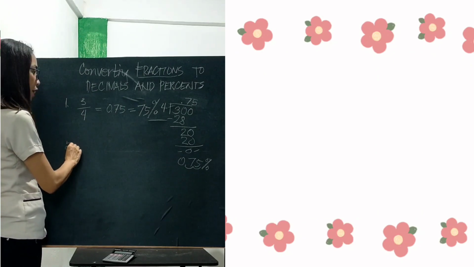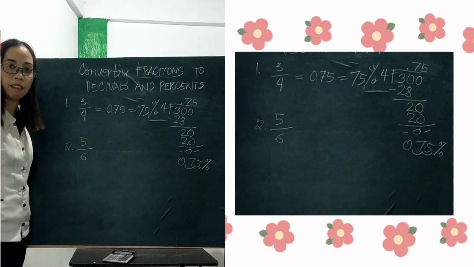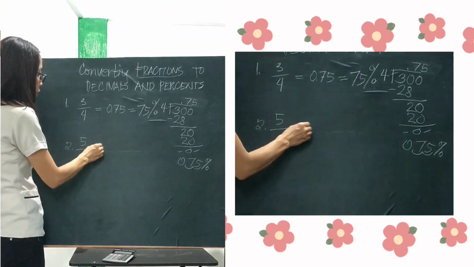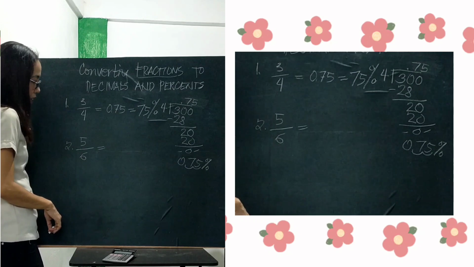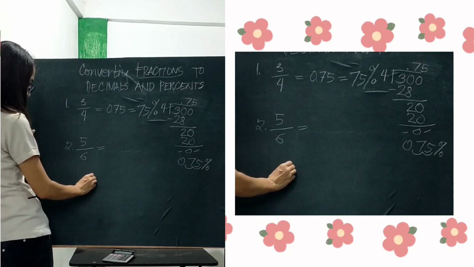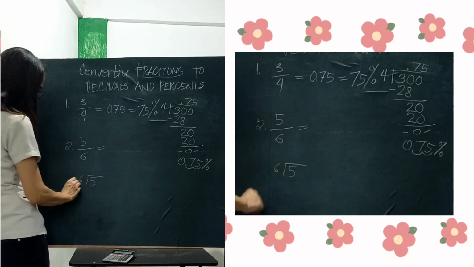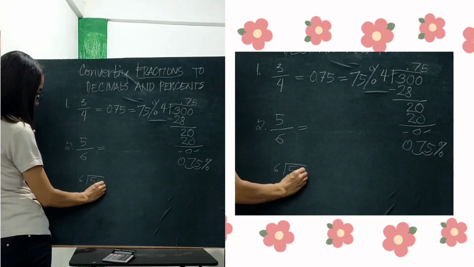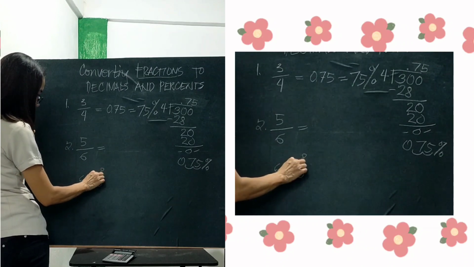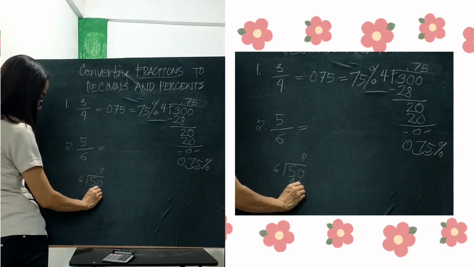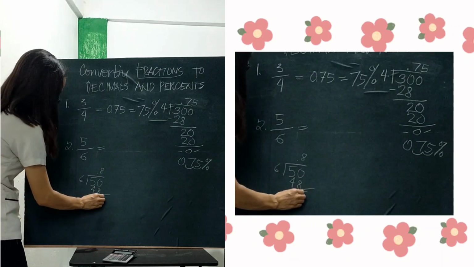Another example is 5 over 6. Converting this to decimals, divide the numerator by its denominator. 50 divided by 6 is 8. 8 times 6 is 48. That leaves 2.